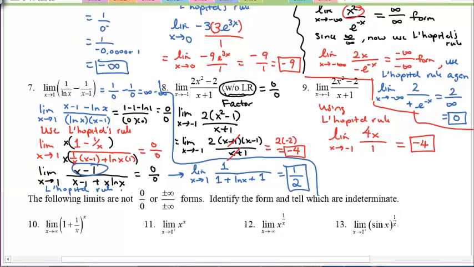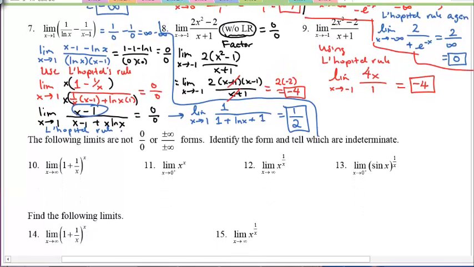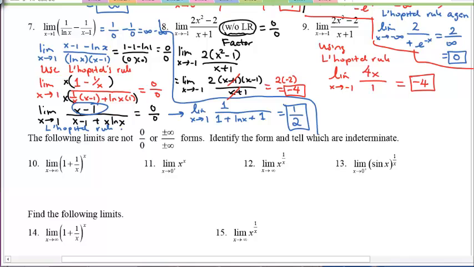Alright. There are other forms that are indeterminate. You know that? Yeah, so let's take a look. If I plug in infinity for x in number 10, 1 plus 1 over infinity is just about 1. So this is the same thing as 1 to the infinity. And we don't know which one dominates, so this is also an indeterminate form.